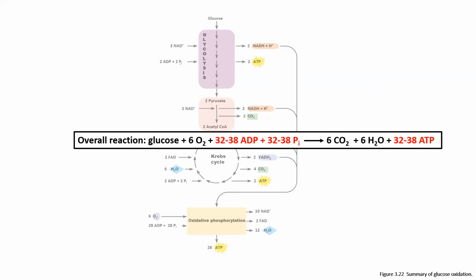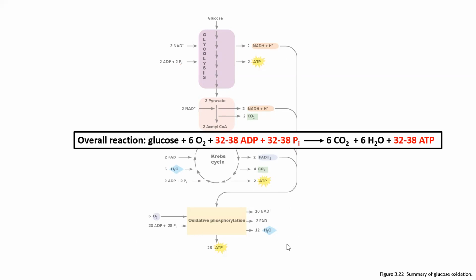But you can see other literature, other physiologic states or other textbooks that tell you 38. And of that 38, 34 would be coming from oxidative phosphorylation, 2 from the Krebs cycle, and 2 from glycolysis. So the discrepancy is really in how much the oxidative phosphorylation or the electron transport generates.